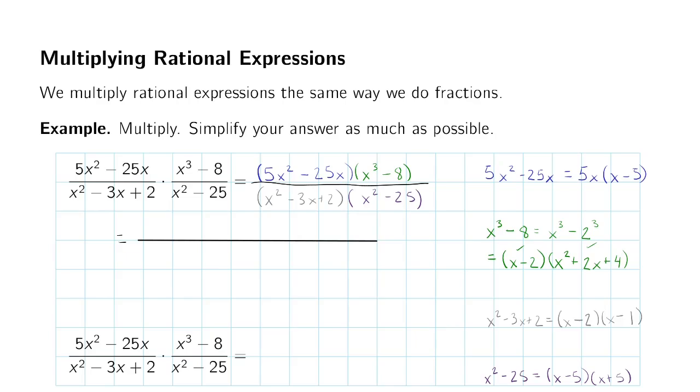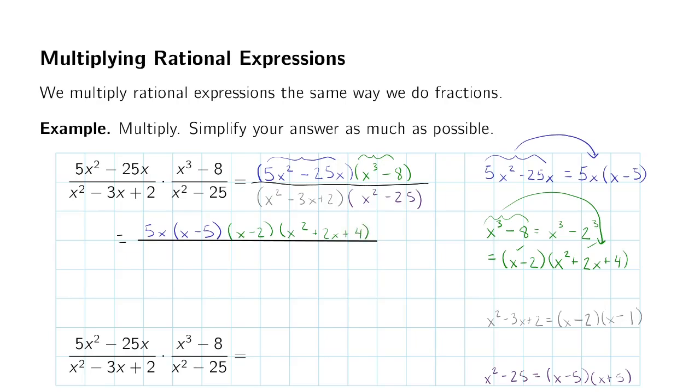In my numerator, I had 5x squared minus 25x, which I now know factors as 5x times x minus 5. I also had x cubed minus 8, which I now know factors as x minus 2 times x squared plus 2x plus 4.